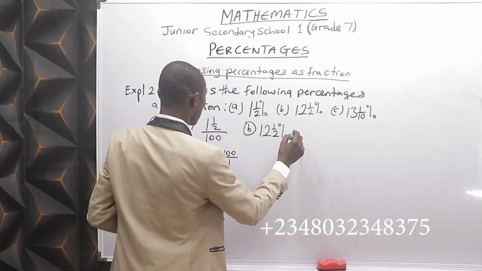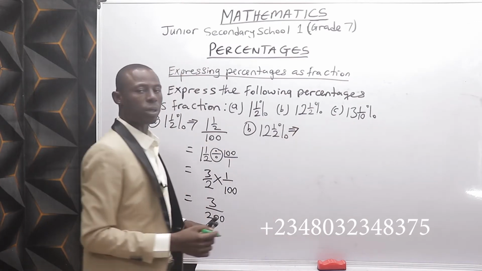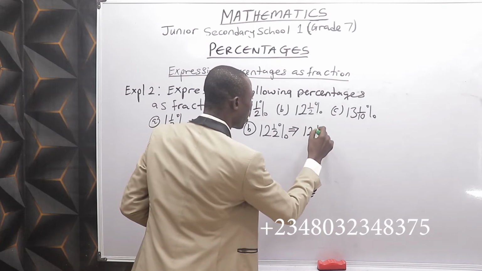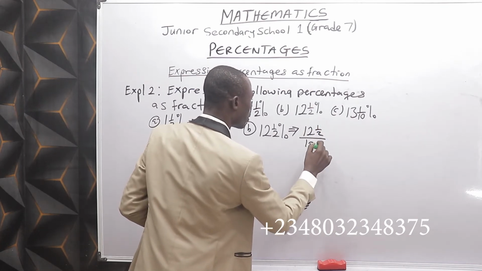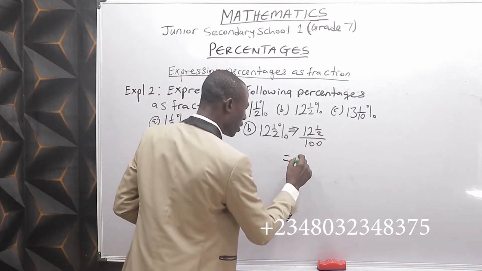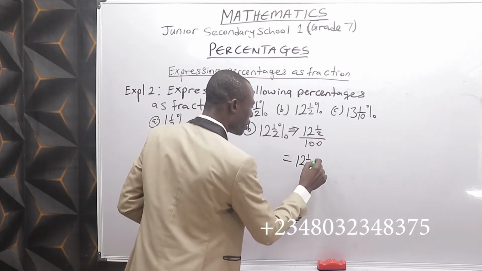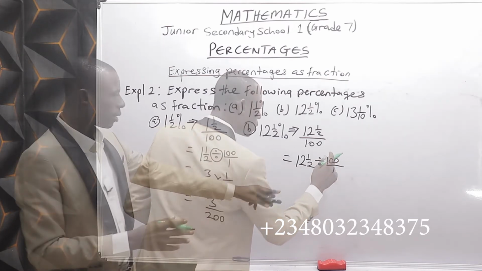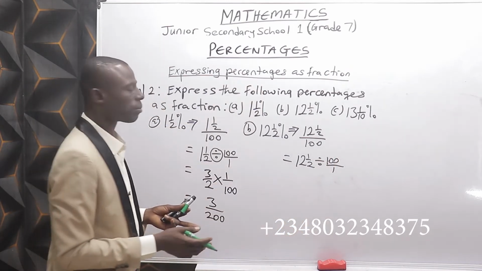So we go to question B. 12.5%. It is expressed as 12.5 divided by 100, which is re-expressed as 12.5 divided by 100 over 1. This is just restructuring, it's the same thing.